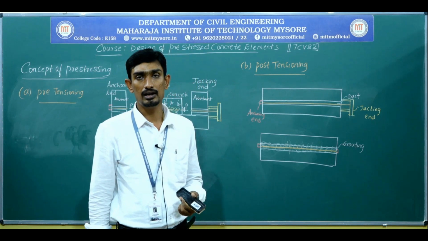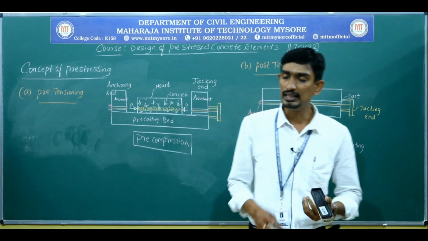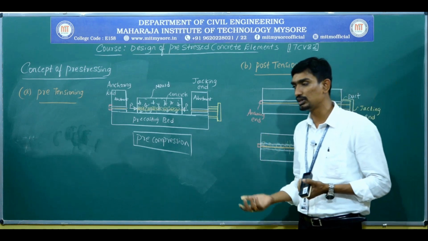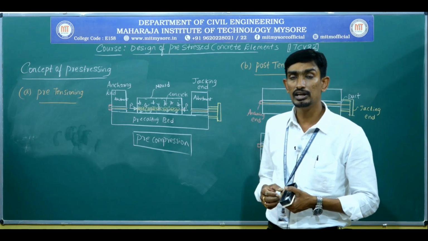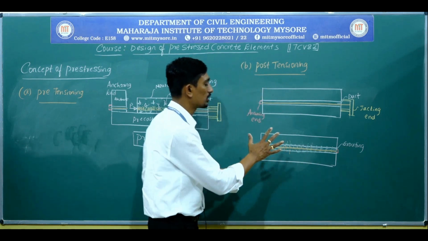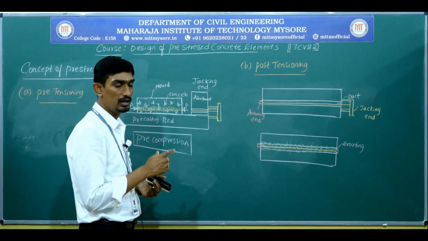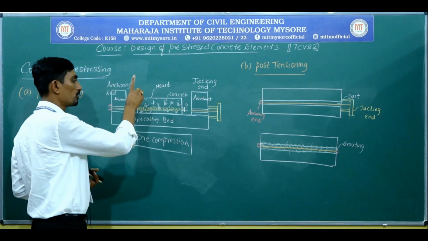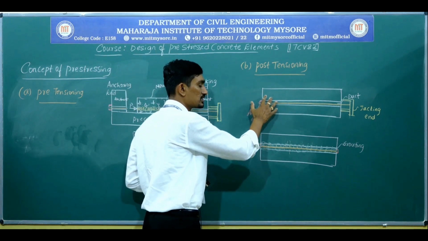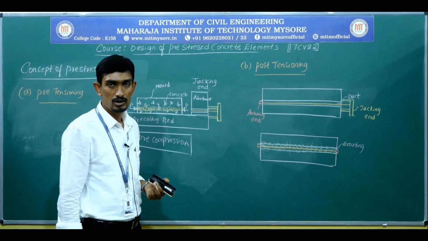For this post-tensioning, we are going to use a number of anchorage devices, which I am going to discuss in the post-tensioning systems. This is the concept that has evolved in post-tensioning. There, stretch the tendon and pour the concrete, but here, cast the concrete first by leaving a duct or a space.